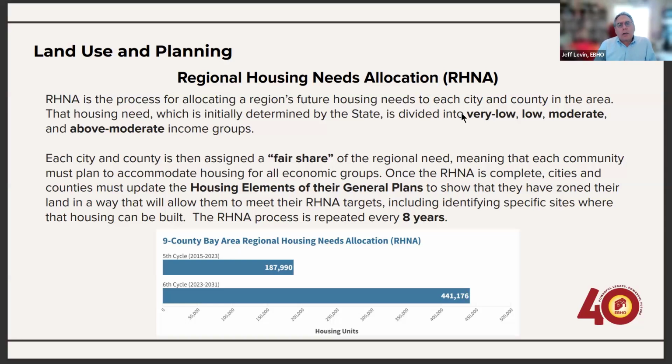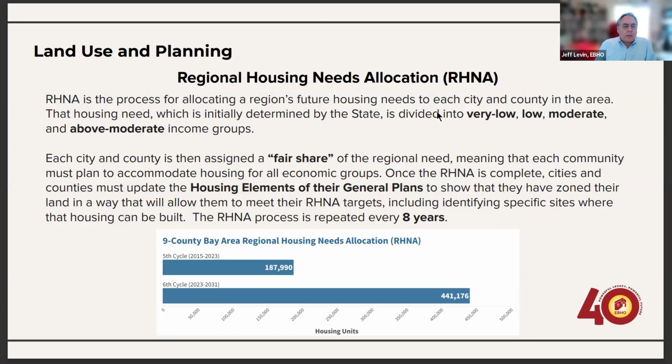So on a rotating cycle, the state determines how much new housing is needed in each region based on population and economic growth, assigns that number to the region, and then each region through its council of governments has to assign that need by formula to all the jurisdictions.